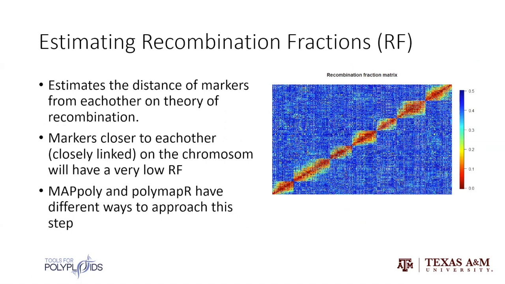When I started working on polyploid genetics three to four years ago, PolyMapper was one of the first ones published, and I made some of my first maps using PolyMapper. What they do is take all the simplex nulliplex markers and calculate the recombination fractions between them. They make a scaffold.